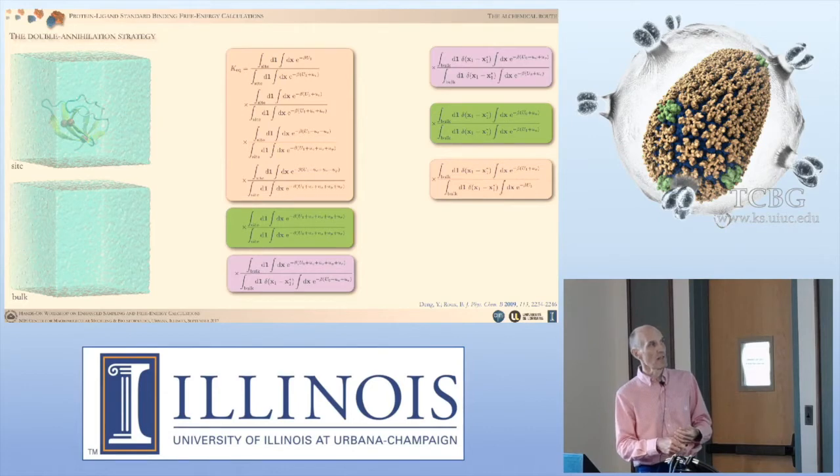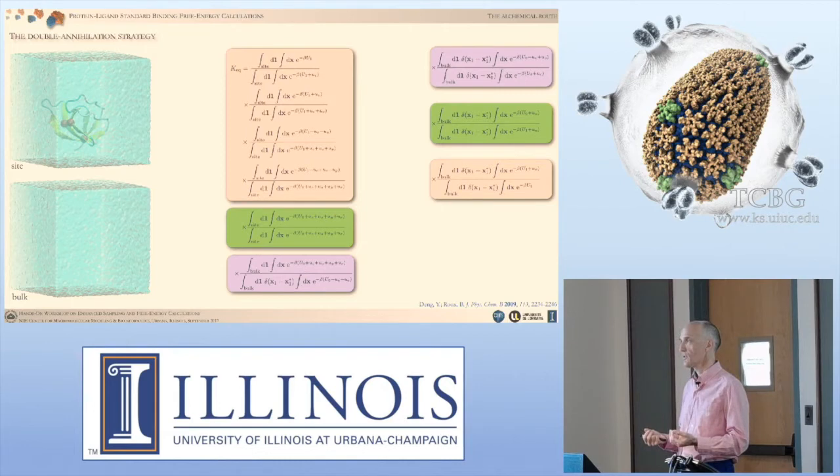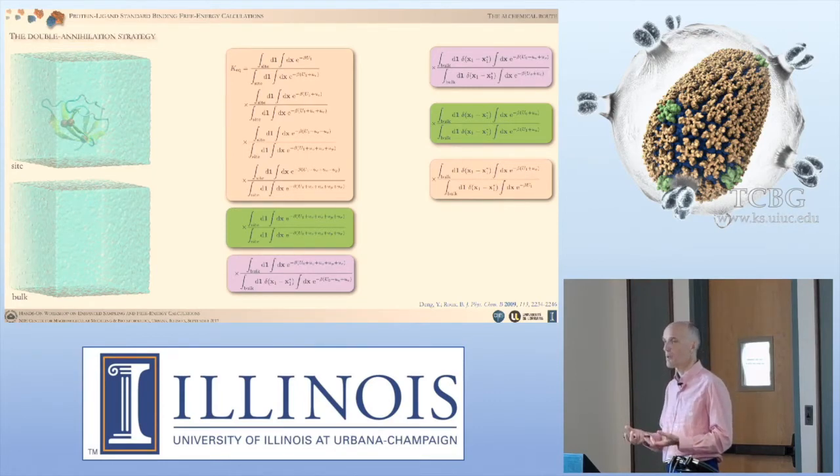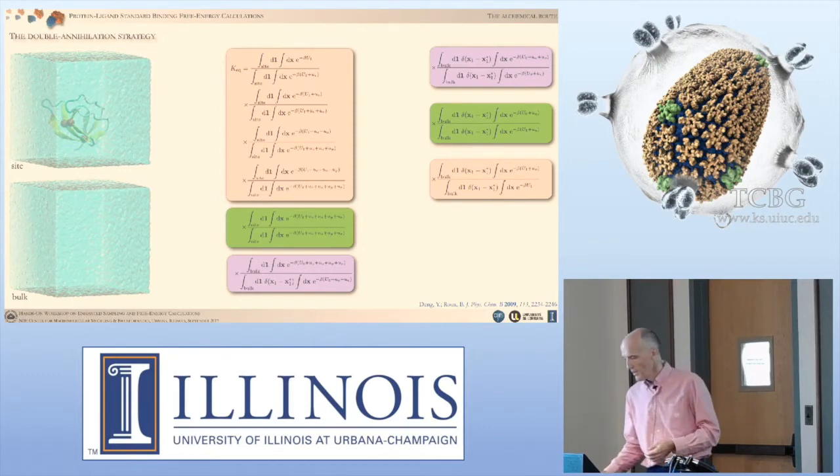In green, we have the alchemical transformation, and for the position and the orientation of the ligand, the tumbling of the ligand in the unbound state, in the free state. All this can be calculated analytically, we're just talking about a rigid body reorientation and translation. So we know what this is. It's the usual integral of r squared sine theta d theta d phi. So that's the alchemical route.